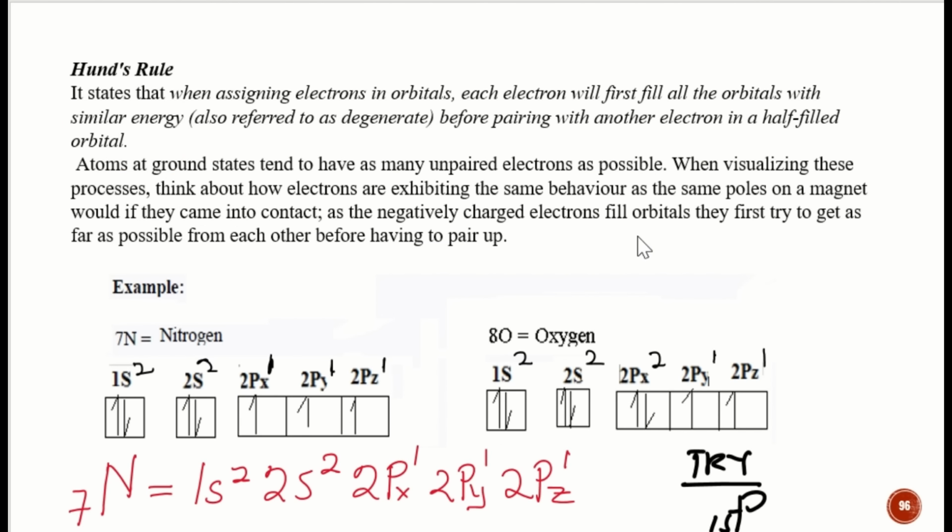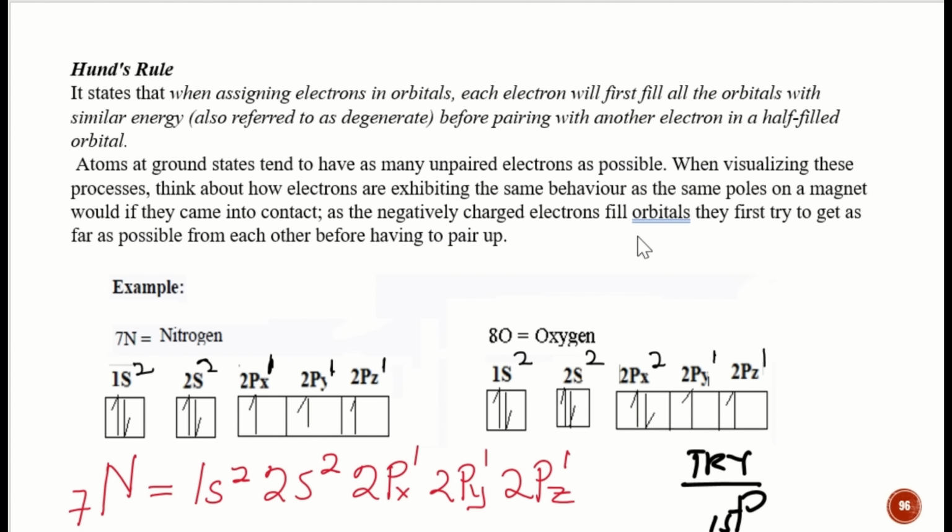Now the next rule is Hund's rule. It states that when assigning electrons in an orbital, each electron will first fill all the orbitals with similar energies before pairing with another electron in a half-filled orbital. What Hund is saying is that he is not disputing the fact that Aufbau says fill orbitals with lower energies first, but he's adding to that principle.